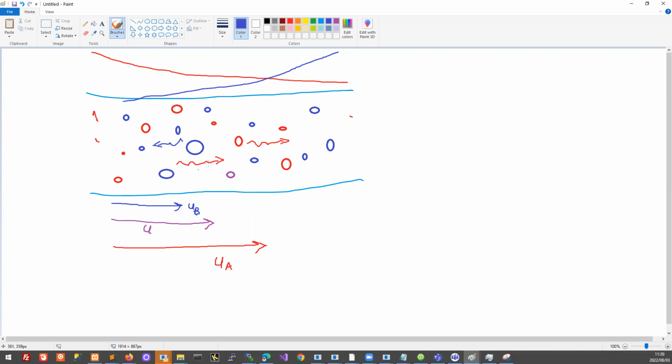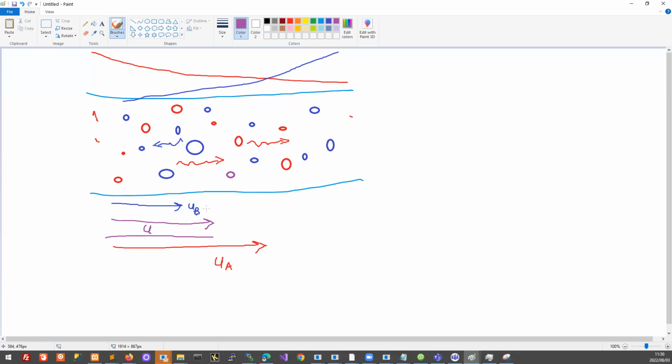It doesn't mean that overall B is moving to the left, right? Because the bulk fluid itself, there is a bulk movement of the whole fluid. So that's U. And then there is some diffusion influence. The diffusion influence is, of course, weaker than the bulk movement.